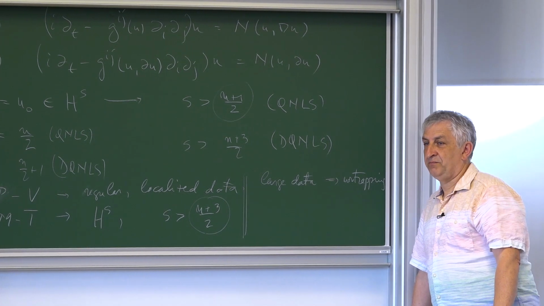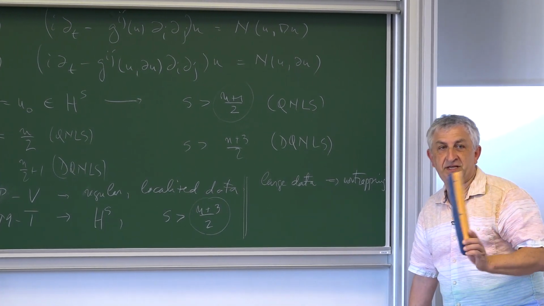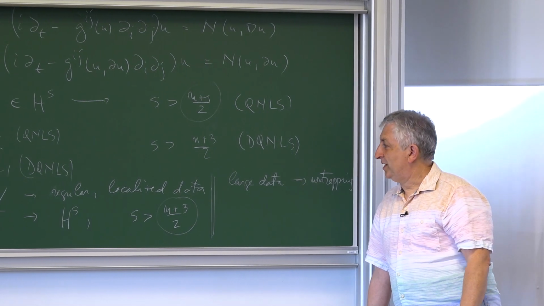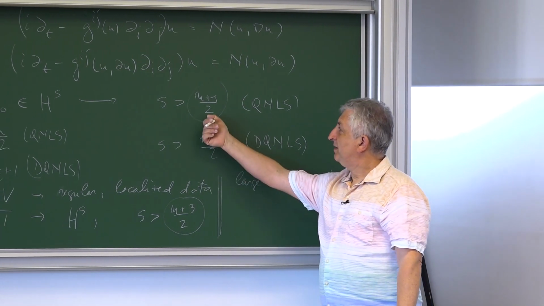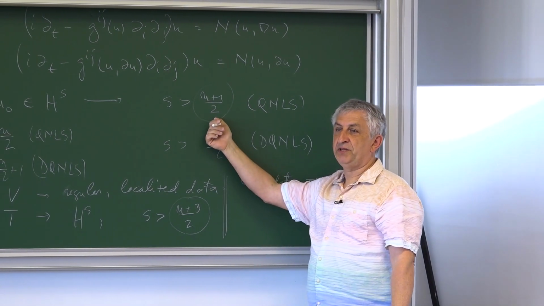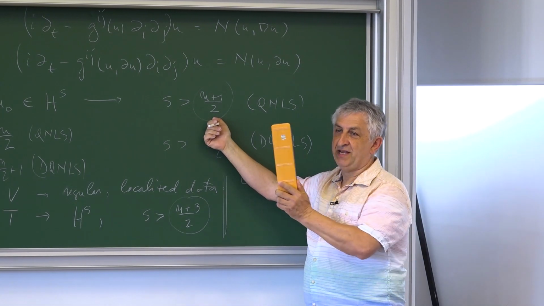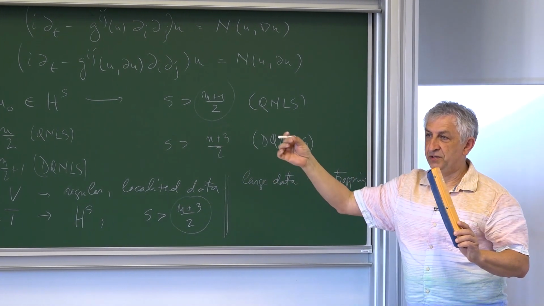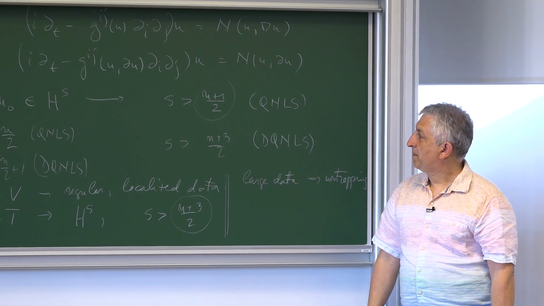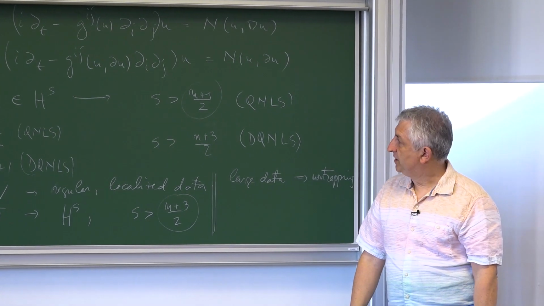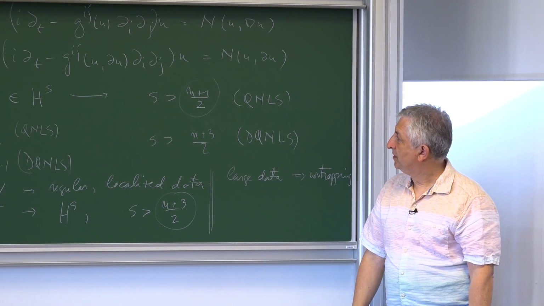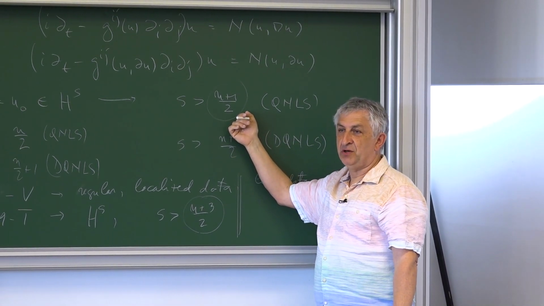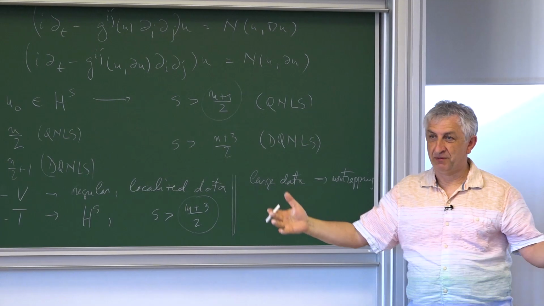If you want to make sense of uniqueness of the geodesics, you need two derivatives of the metric. Well, n plus 1 over 2 is the borderline case where you can even make sense of one derivative of the metric on a curve. And so below this, there's no clue even what non-trapping means.